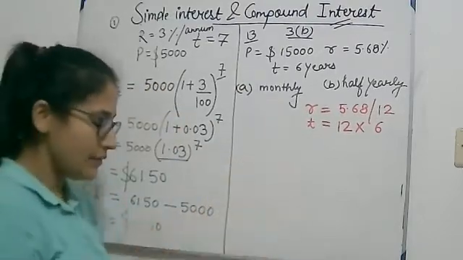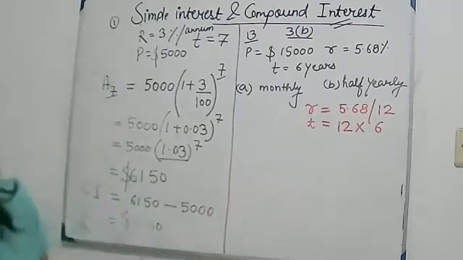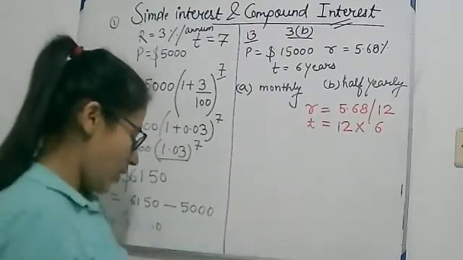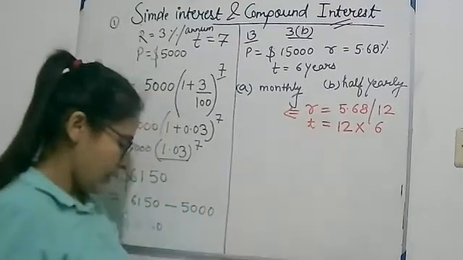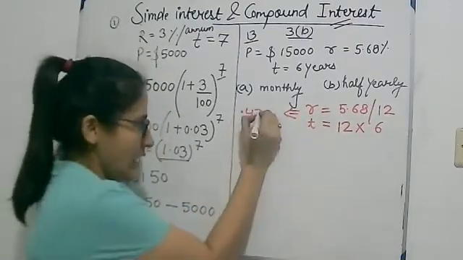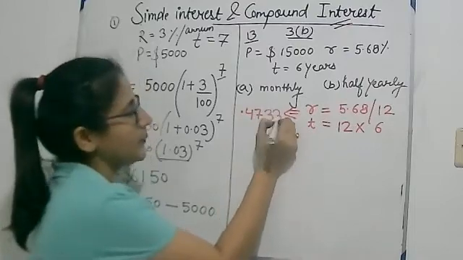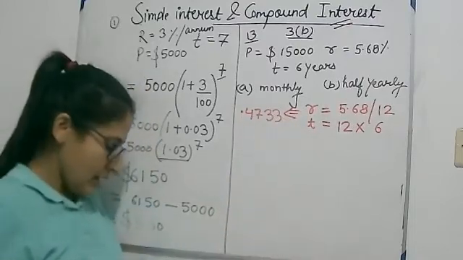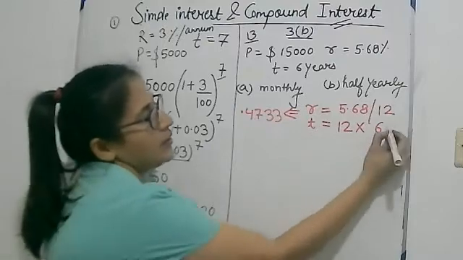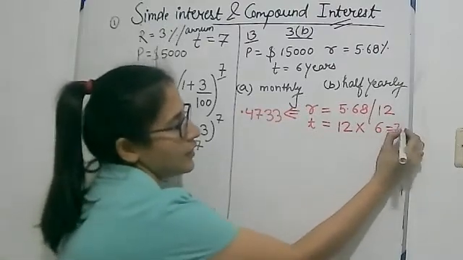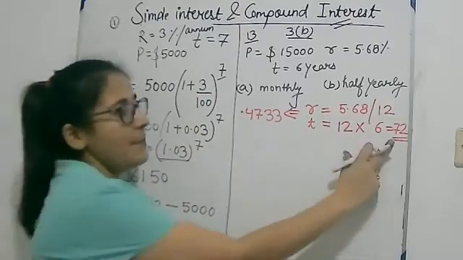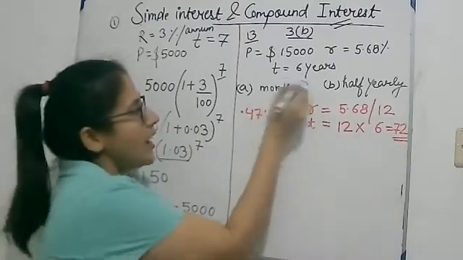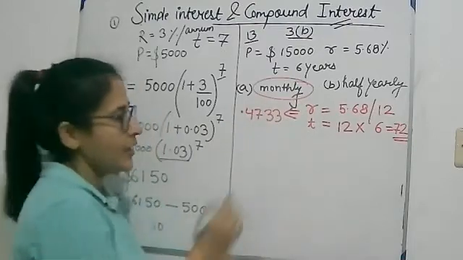Now how to substitute? 5.68 divided by 12 is 0.4733. And 12 times 6 is 72. So now time is 72 months, because we have to find the answer monthly.